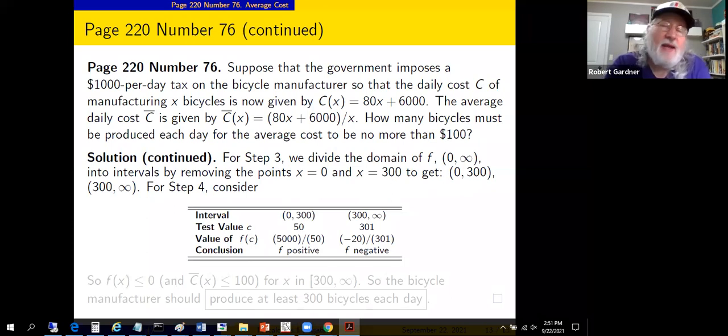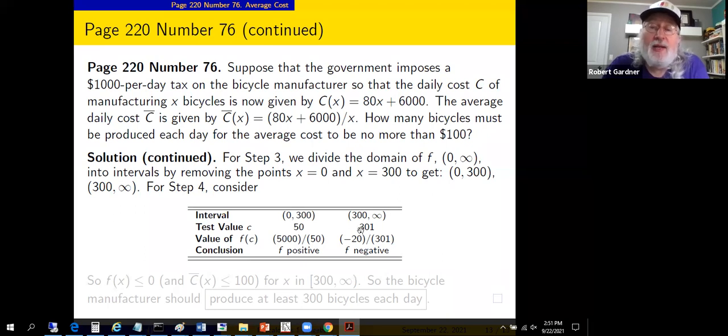If you want to include the negative numbers, it's meaningless, there's no need to. But we would get negative infinity to 0 as a third interval if we dealt with that. Because it comes to us as a cost function and an average cost function, x only makes sense when it's non-negative. These are the 2 intervals of interest.